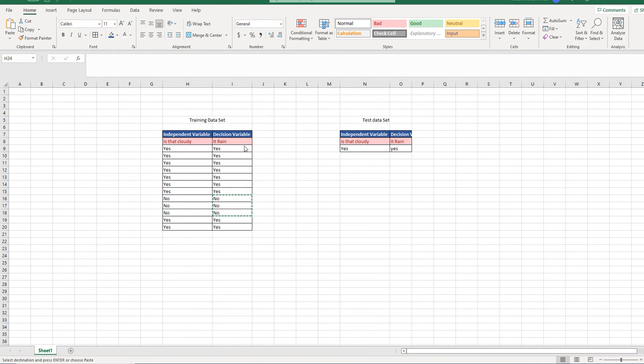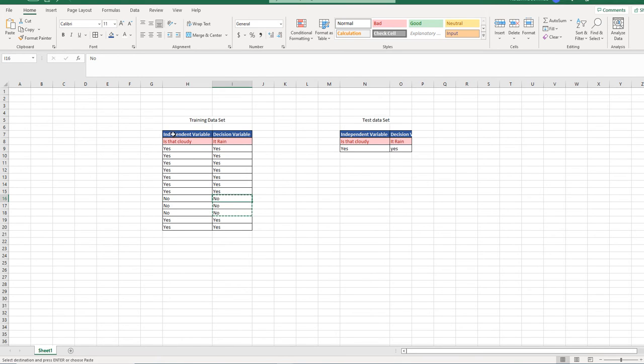Usually, a training dataset will contain certain independent variables based on which a decision variable is decided. For example, suppose we have observed for 12 days that when it is cloudy, it rains, and when it is not cloudy, it does not rain.